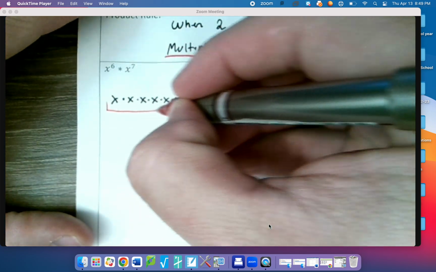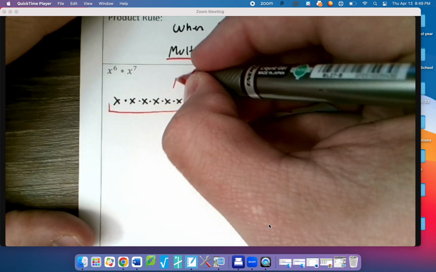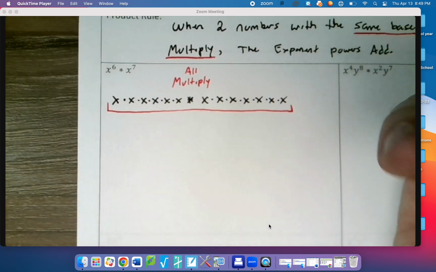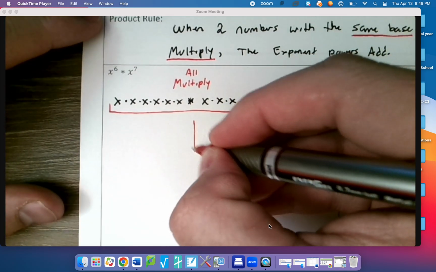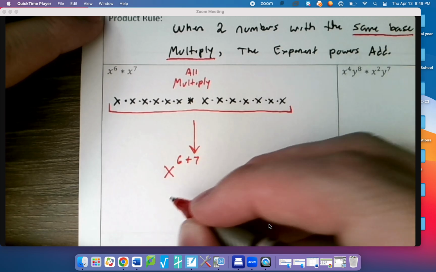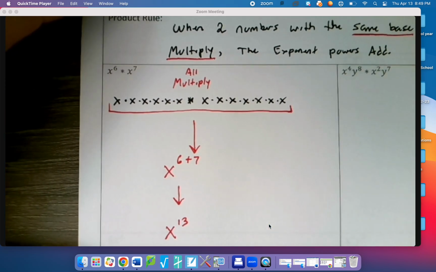And when we look at this whole thing together, everybody's multiplying, so it's all multiply to really just give us 6 plus 7 for an easy answer of 13.